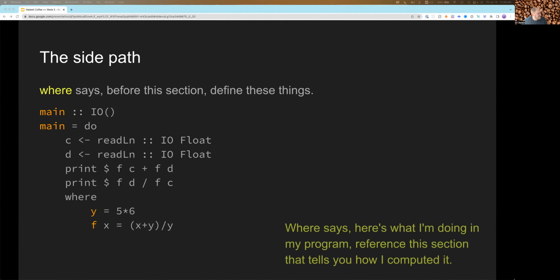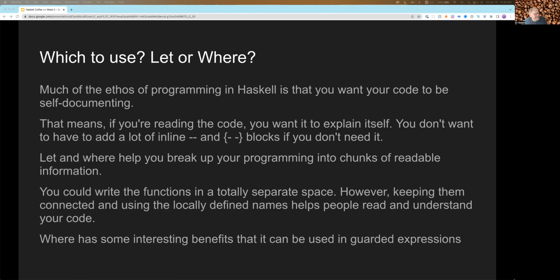And so where says, here's what I'm doing in my program, reference this section that tells you how I computed it. Okay, so which to use, let or where? So a lot of the ethos of programming in Haskell is that you want your code to be self-documenting.